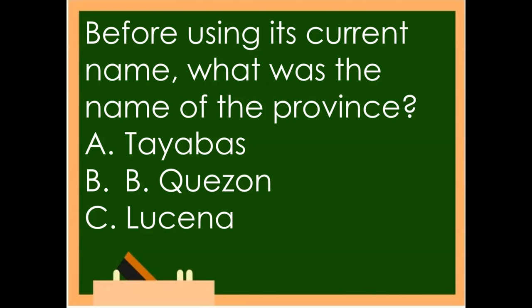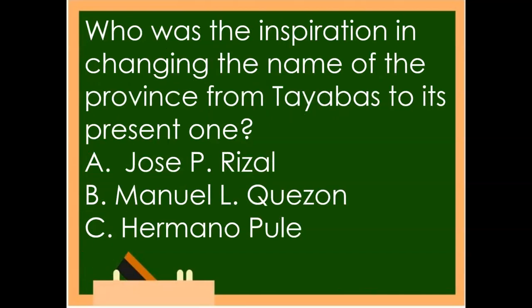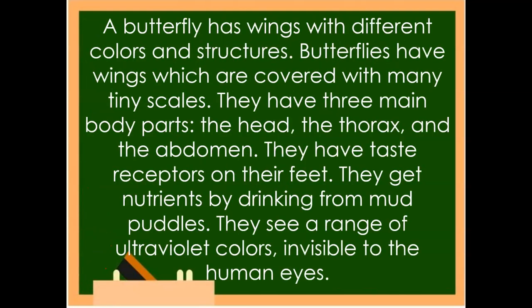Before using its current name, what was the name of the province? Tayabas, Quezon, or Lucena? The answer is A, Tayabas. And who was the inspiration in changing the name of the province from Tayabas to its present one? The answer is Manuel L. Quezon.